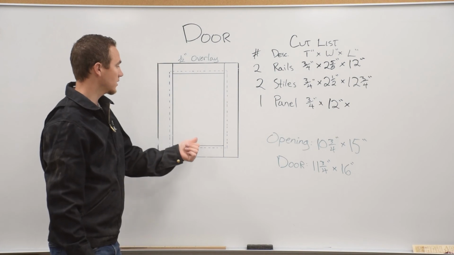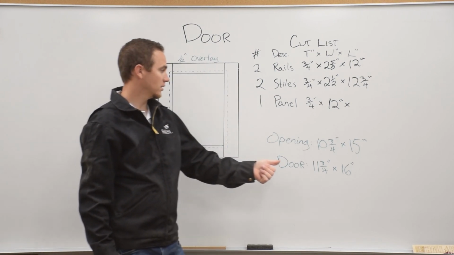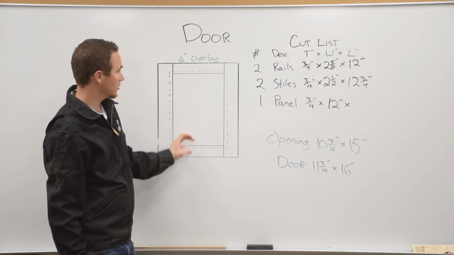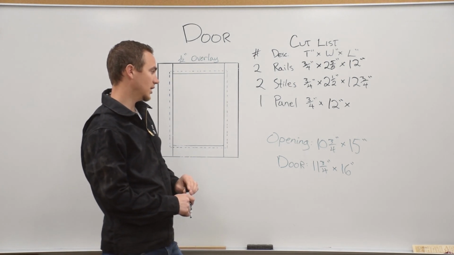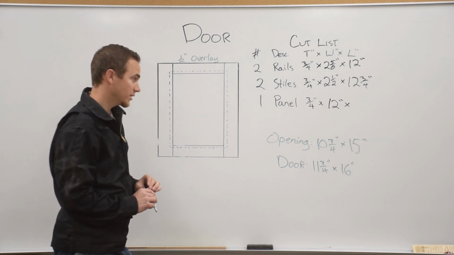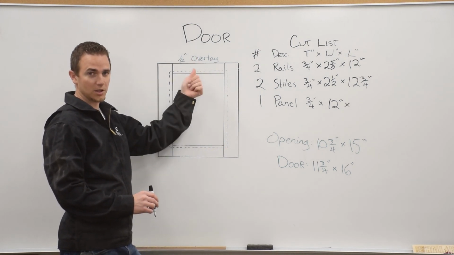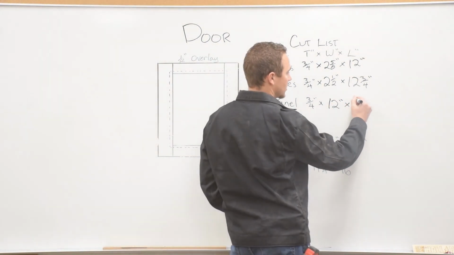For the length, we look at 11 3/4 minus 5 inches, because we're going to have 2 1/2 on top and bottom. We get 6 3/4. And then again, we add 1 inch because we're going up and down 1/2 inch on each end. So we get 7 3/4.